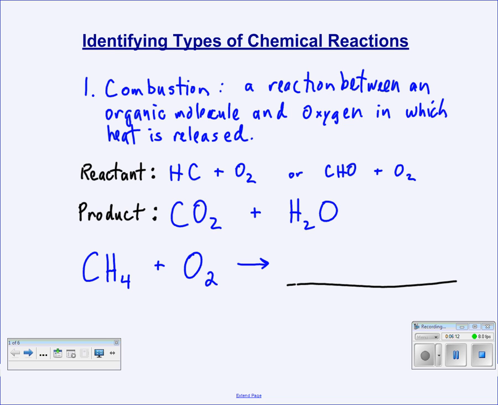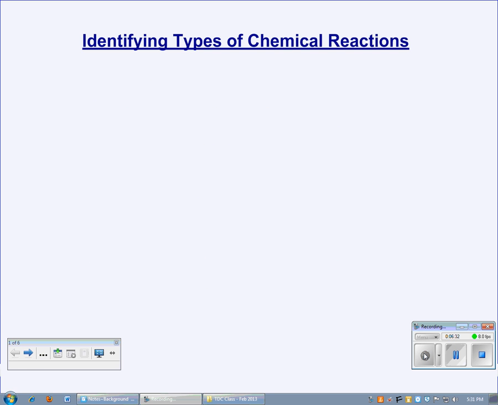If you notice that CH4 is a hydrocarbon and that oxygen is oxygen, and this is a combustion reaction, you just have to say the products of this reaction will be carbon dioxide, CO2, plus water, H2O. Again, that's true of any combustion reaction.